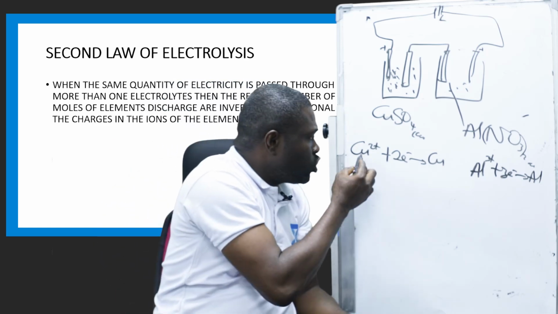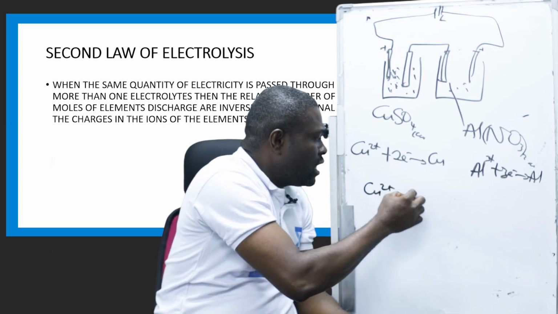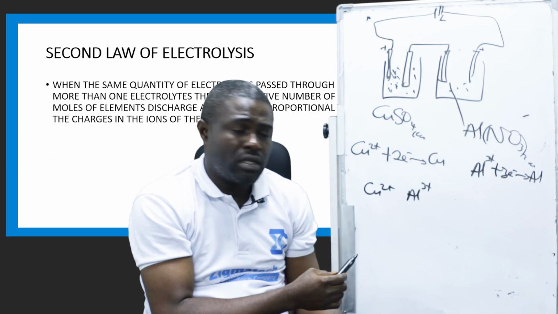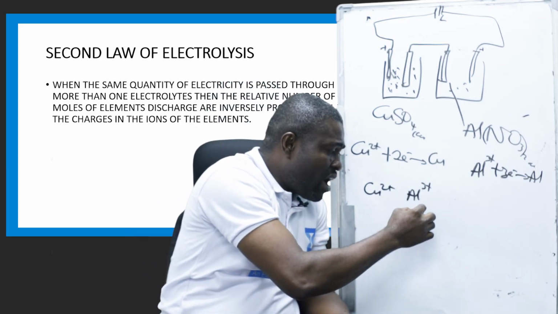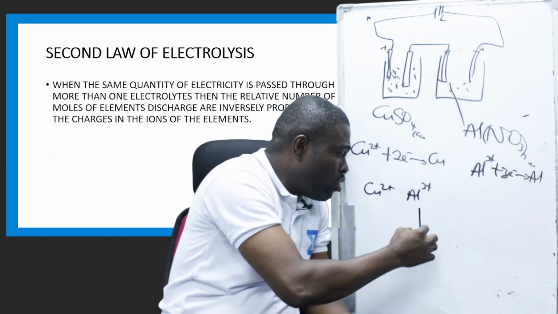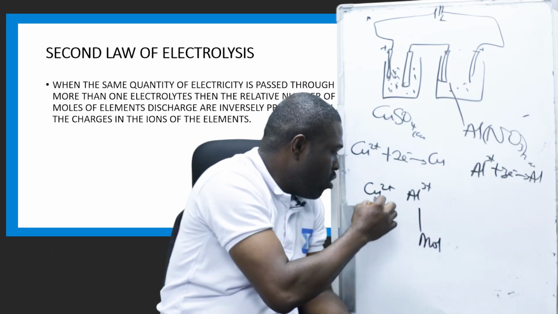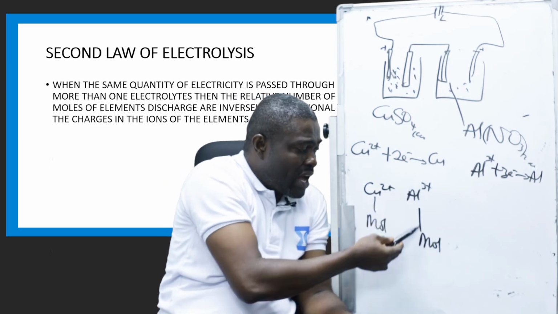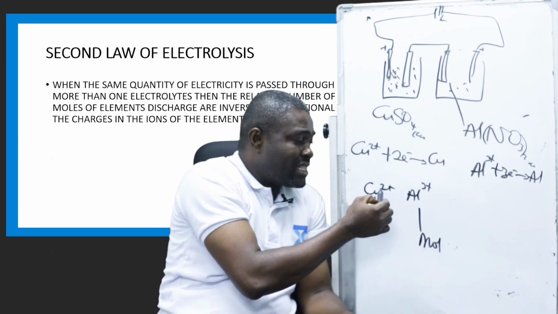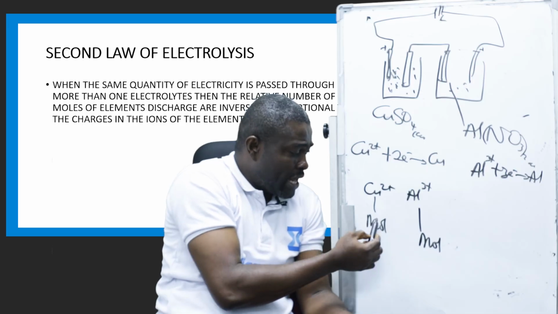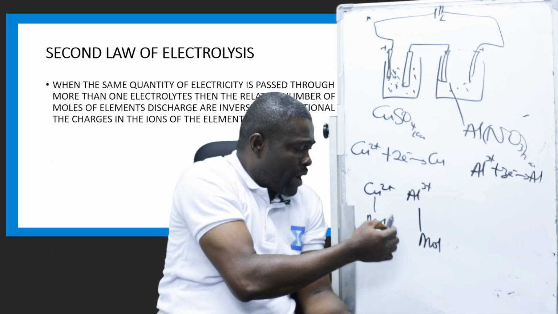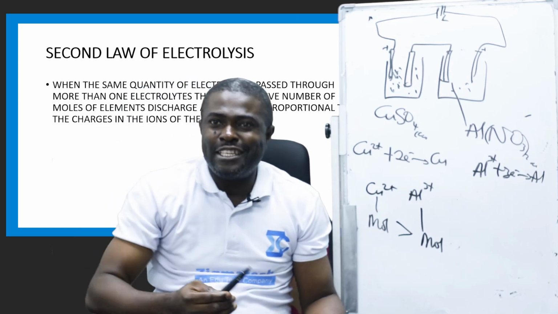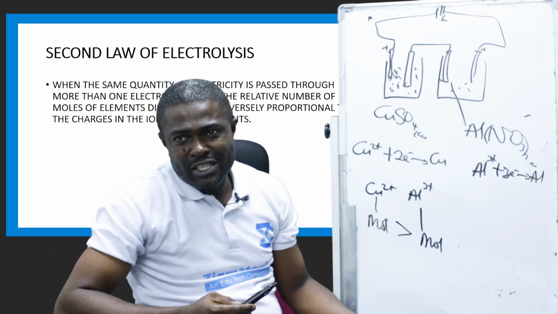Between copper 2 and Al3, which one is carrying more charge? Aluminium. So the one that has a higher charge will have a lesser mole, while the one that has a lesser charge will have a higher mole. So here, the mole of copper will be greater than the mole of aluminium. That is the second law of electrolysis.